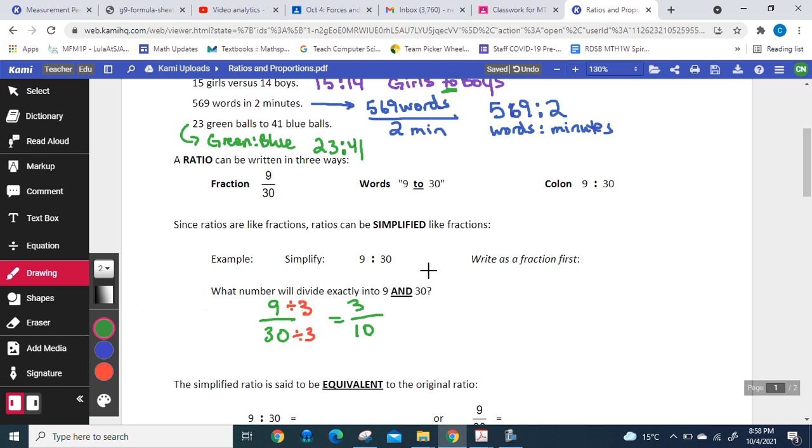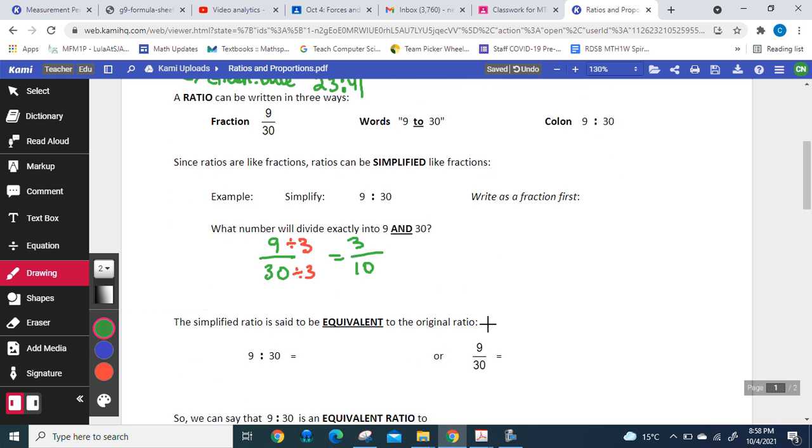There you go. So our simplified ratio is said to be equivalent to the original ratio. We just discovered 9 to 30 is the same thing as 3 to 10 because I divided 9 by 3 to get 3, and I divided 30 by 3 to get 10.